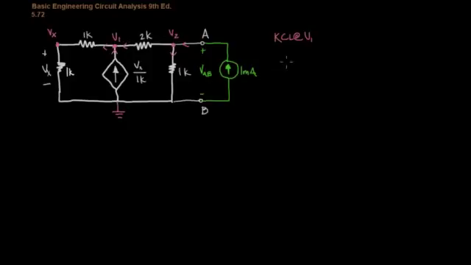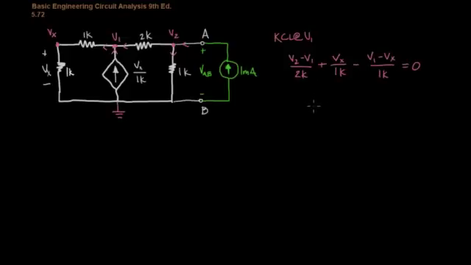This is going to be V2 minus V1 over 2K, and this is going in, this is plus. And that's Vx over 1K. And then finally going out is V1 at a higher potential than Vx, so V1 minus Vx over 1K. All of that is equal to 0.